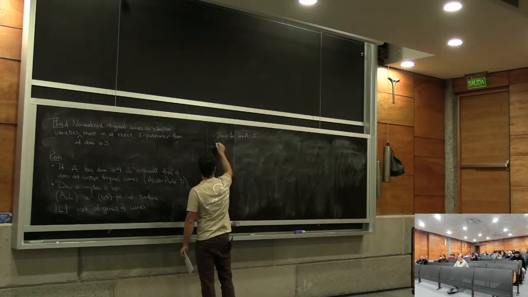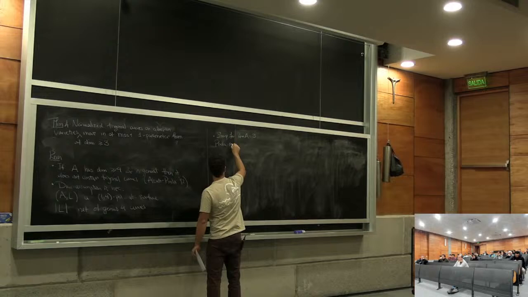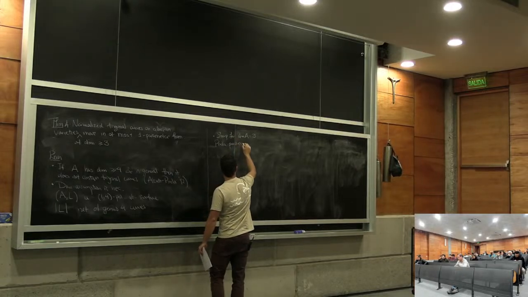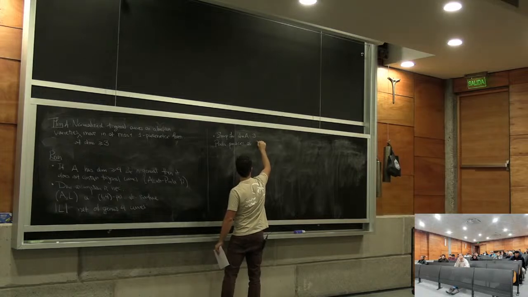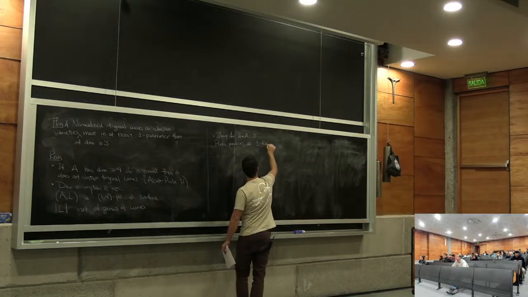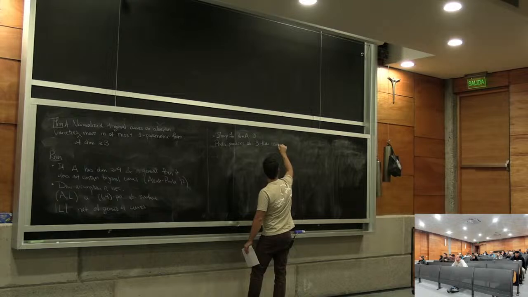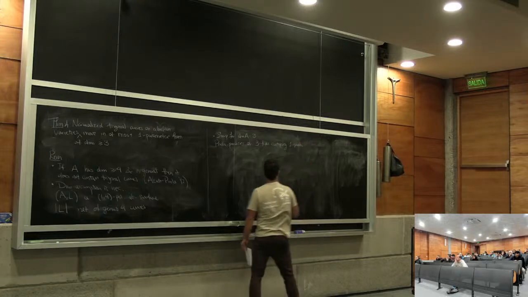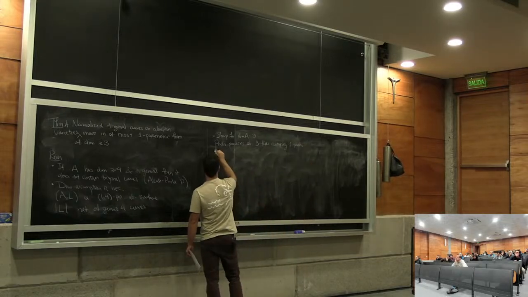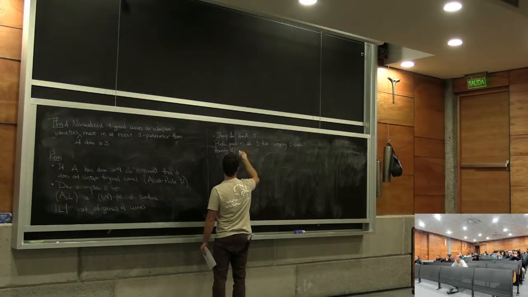Pirola produces abelian threefolds containing a one-parameter family of normalized trigonal curves.